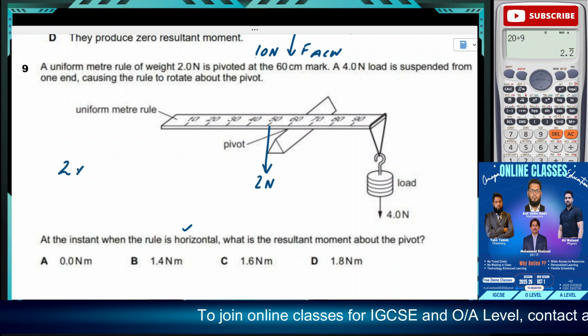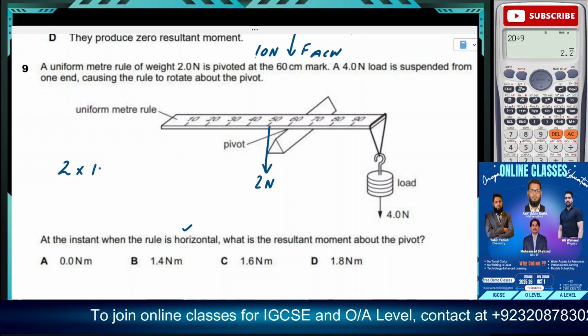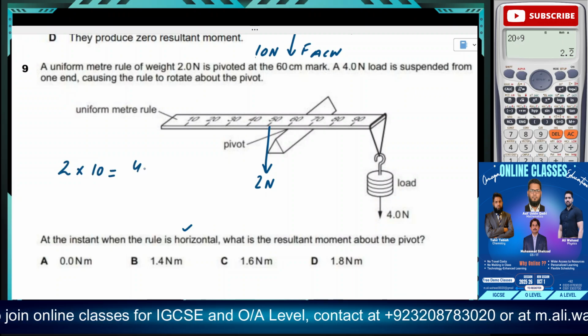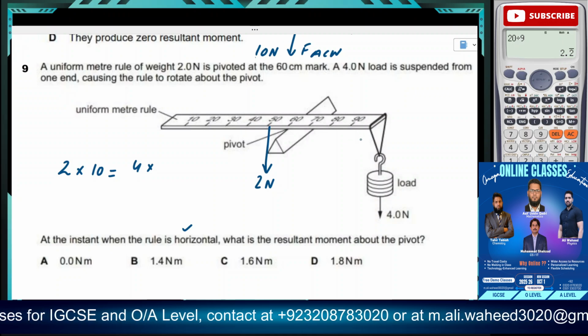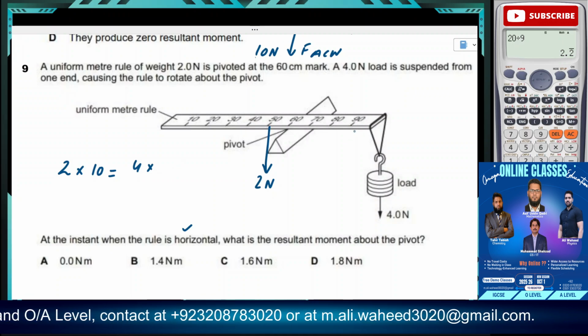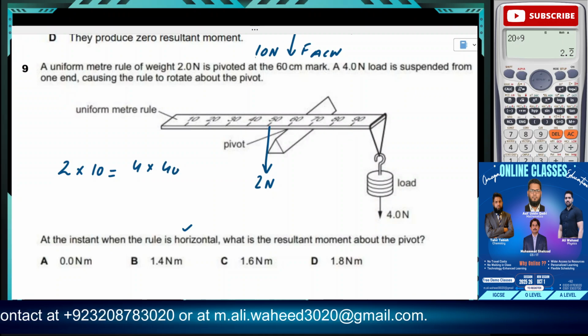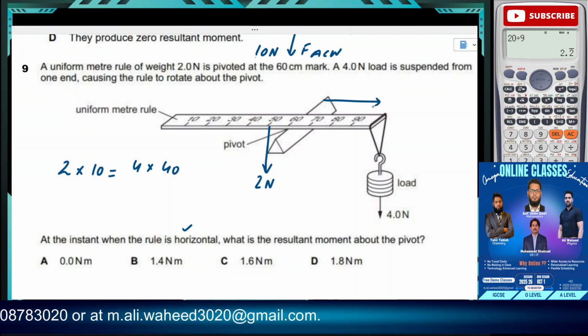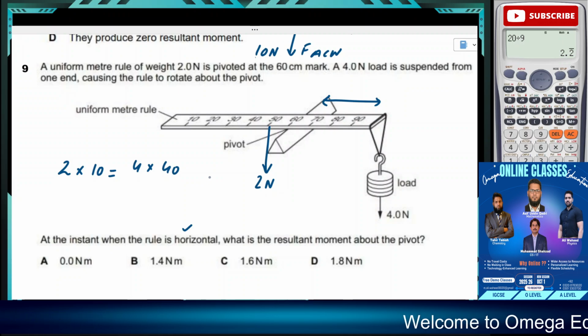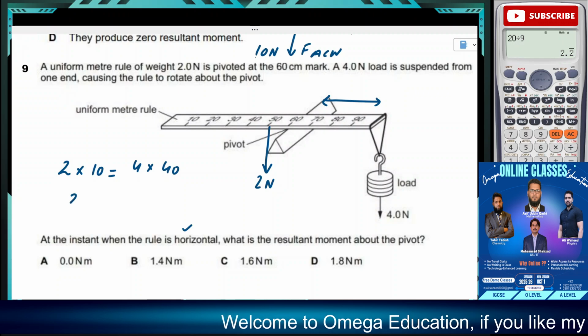So 2 times the perpendicular distance from the pivot would be 10, equals to 4 times the perpendicular distance from the pivot would be 40. This one would be 40. So what is the resultant moment? Okay, so 20 here.